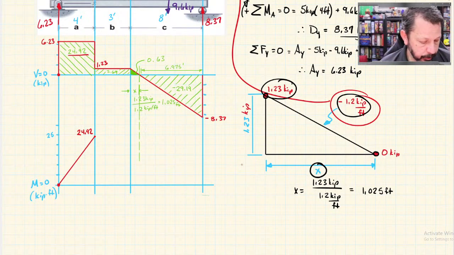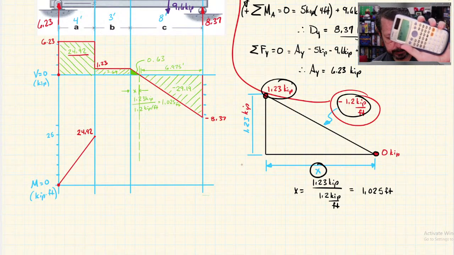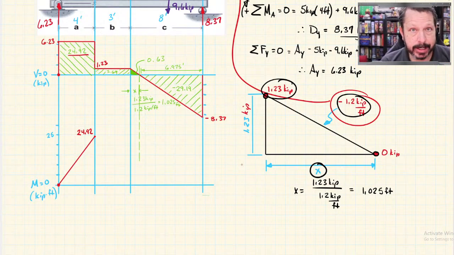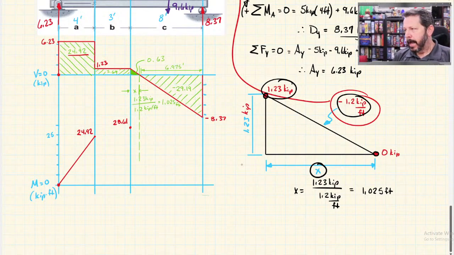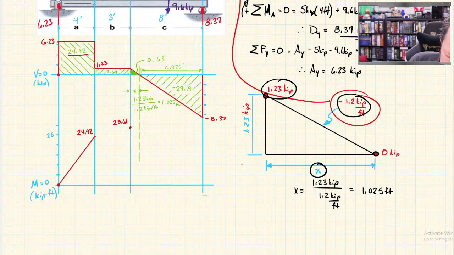So I just keep these in my calculator, and then I add or subtract as it tells me to do. So 24.92, I've got a positive shear, so plus 3.69, I go up to 28.61. That's 30, so maybe it's like right there.